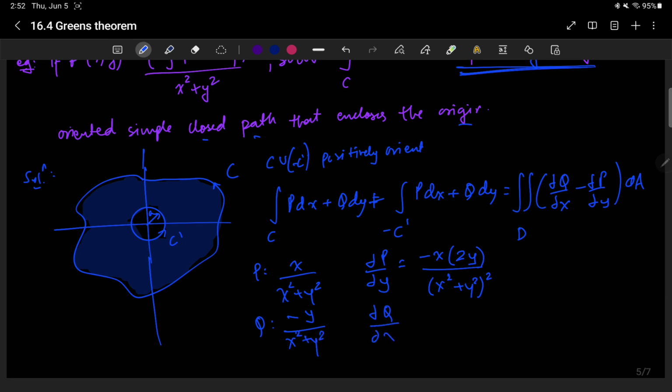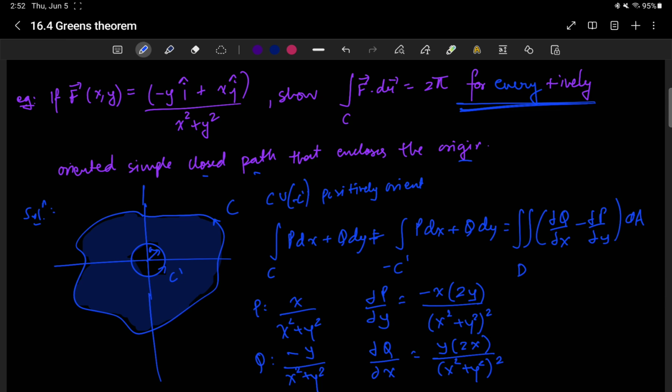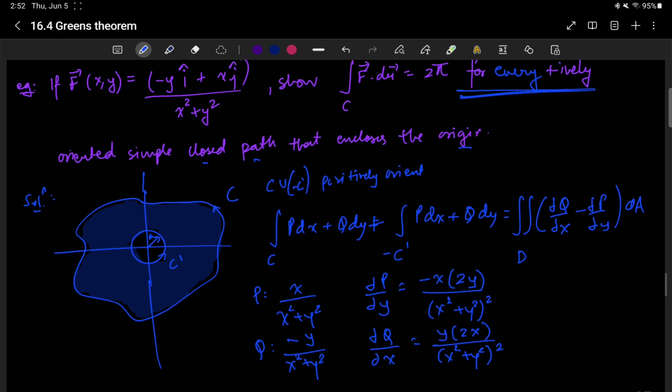Del Q over del x is again x squared plus y squared whole squared. Derivative of top is 0, and then the bottom is y and a 2x. Oh, there's a problem here. Okay, I got this wrong. Sorry.